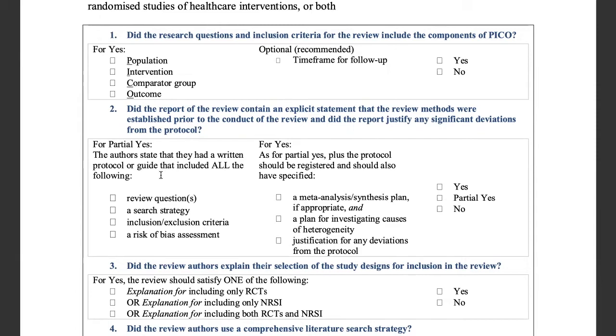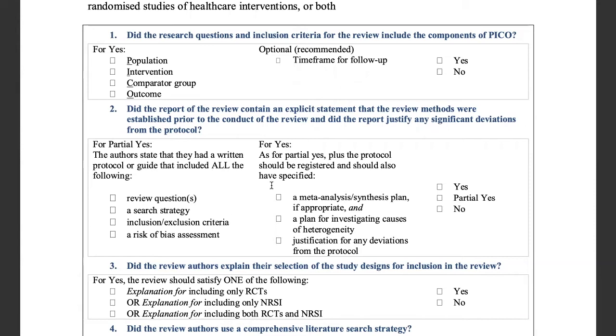But they did have to present these four pieces of information: the review question, search strategy, inclusion and exclusion criteria, and also a risk of bias assessment tool. If we find all these four on the protocol or on the guide, it's partial yes. But if at least one of these is missing, it's no, okay?